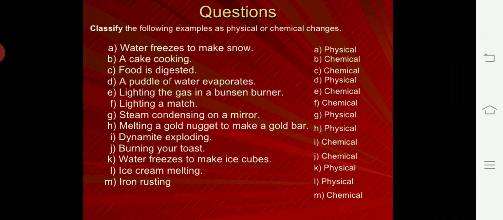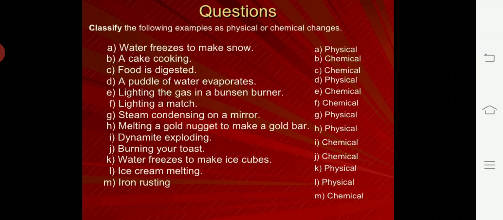A puddle of water evaporating is a physical change. Lighting the gas in a Bunsen burner is a chemical change. Lighting a match is a chemical change. Steam condensing on a mirror is a physical change. So these are the rest of the changes for you. Please guess the answers to the following questions. By the way, I already mentioned all the answers, but you have to think about the reason too, why these changes occur and why they are separated into physical and chemical changes.